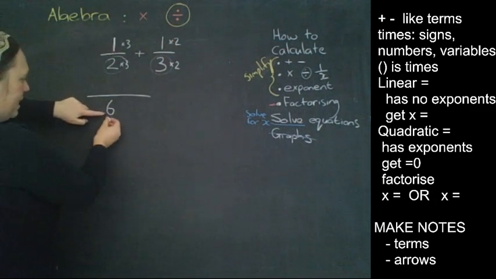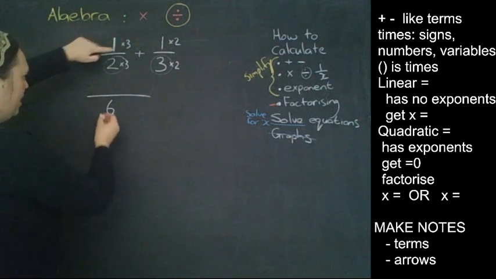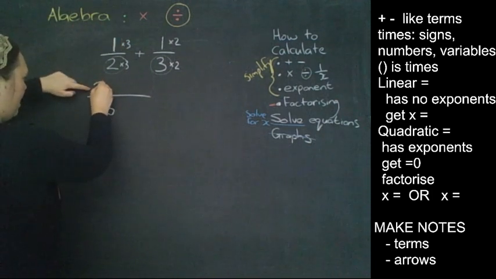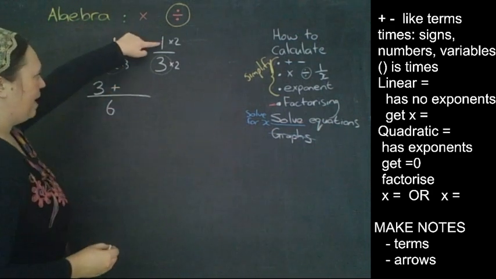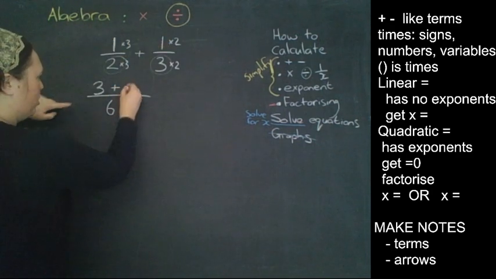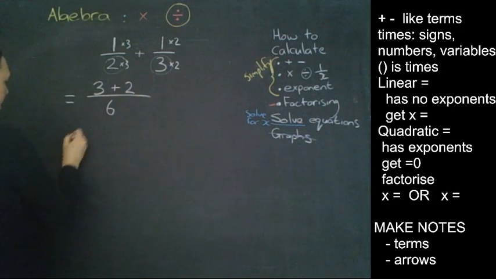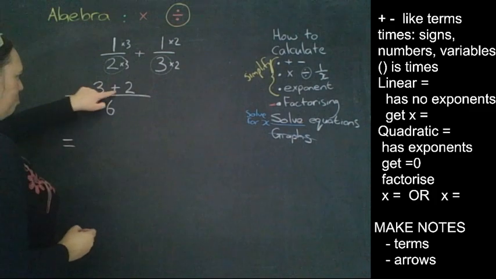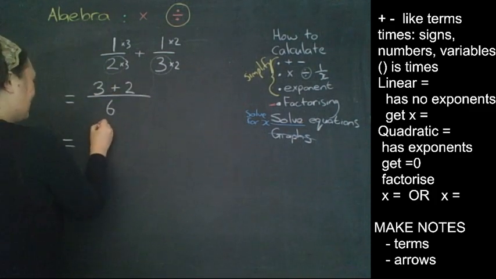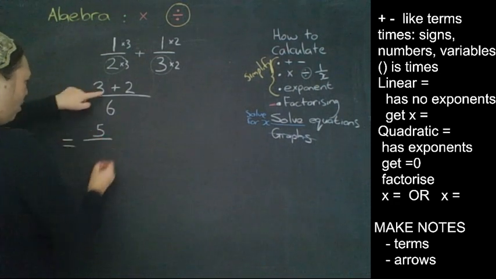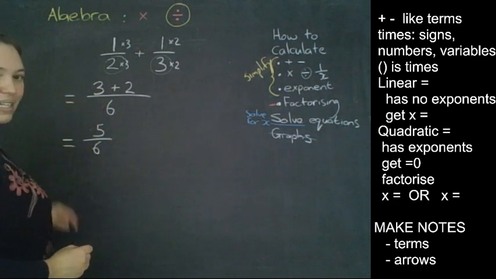So we've got 6 now, and 1 times 3 is 3. We have a plus, and we have 1 times 2, which is 2. So our answer is then 3 plus 2 is 5 over 6. 5 divided by 6.